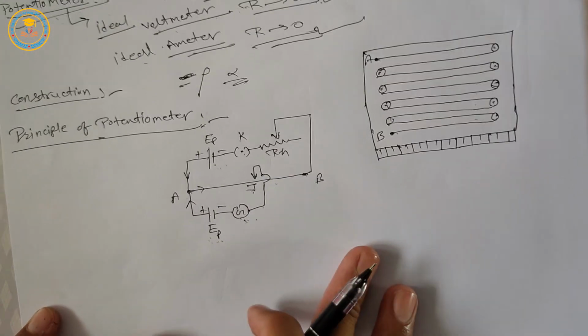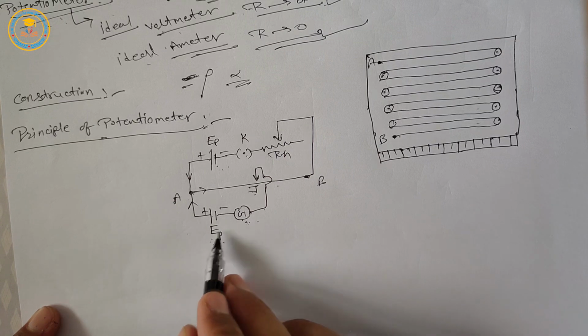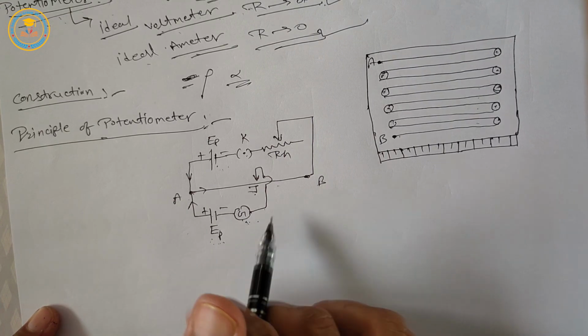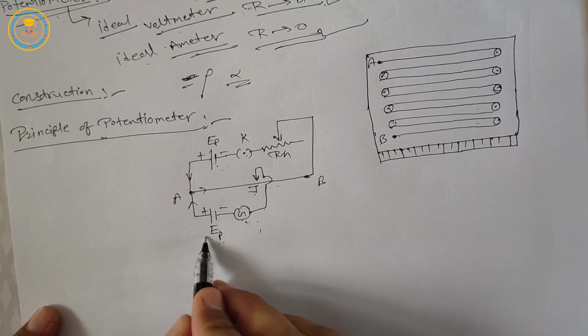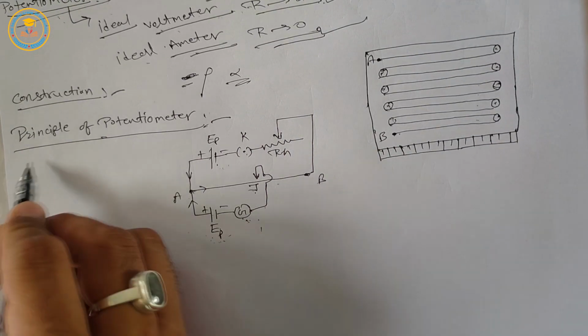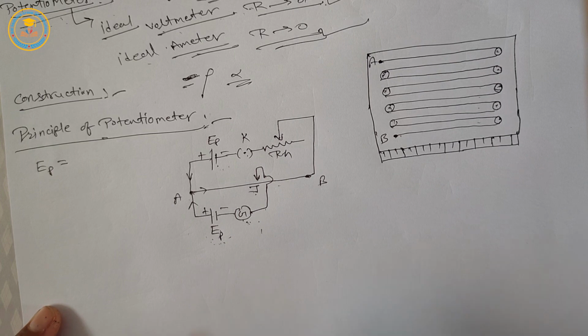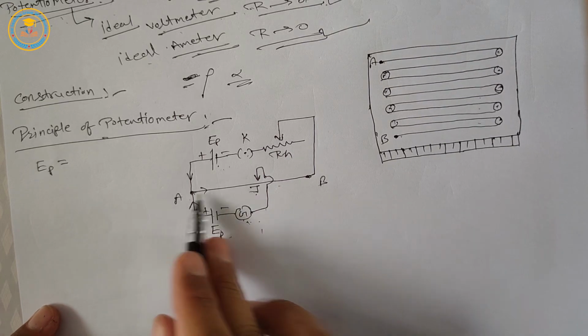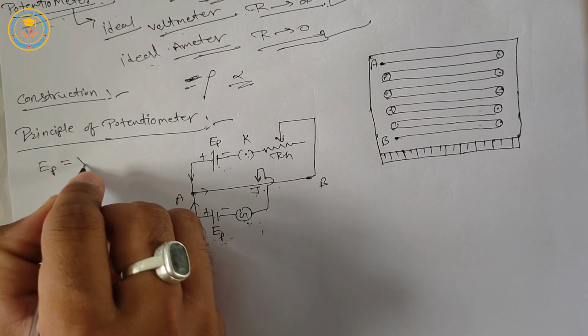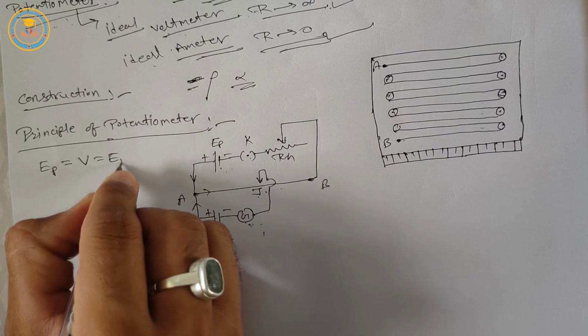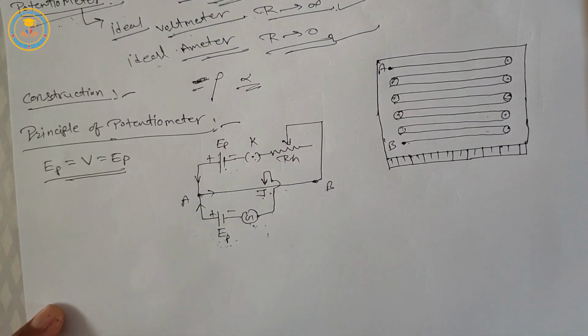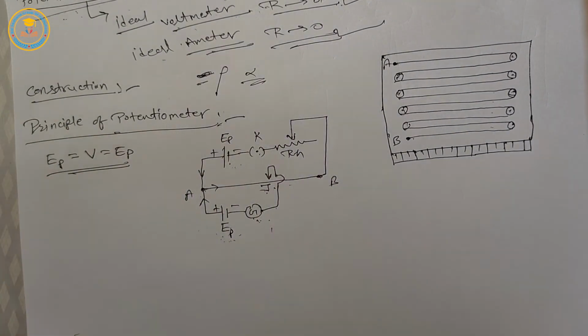Again repeat, in the state of zero deflection in the galvanometer, the value of unknown EMF, EP, is equal to the value of the known electromotive force or known potential difference of that wire. It means V is equal to EP. This is the principle of a potentiometer.